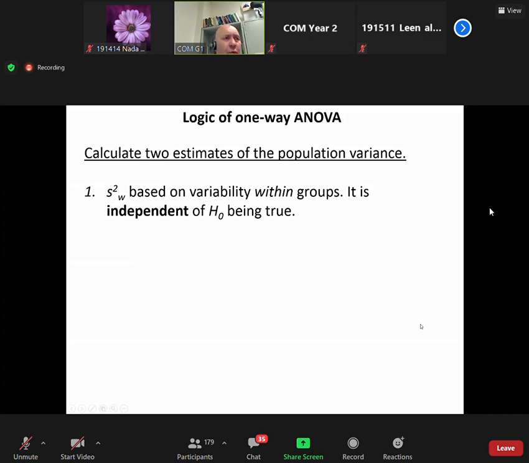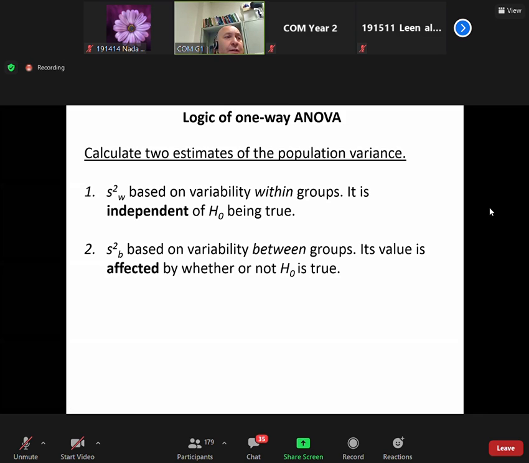The within groups variance, S squared, is based on the variability within the groups, and it's independent of whether or not H0 is true. That is because it's only looking at the variability of the points within each of the groups. It doesn't look at the variability of the points relative to the other groups or the other means. It's only within each of the groups.